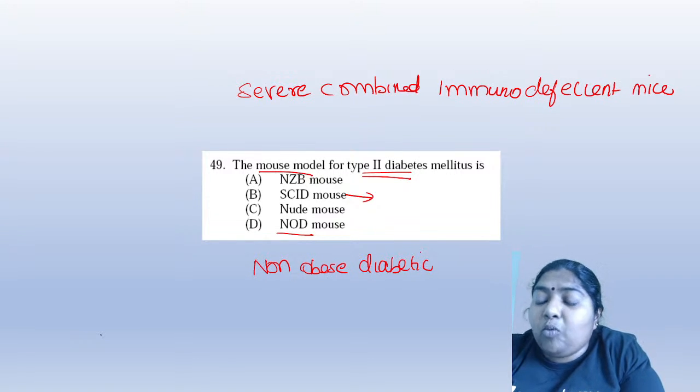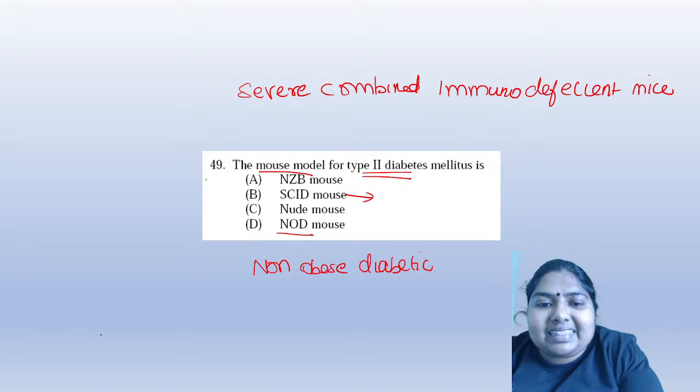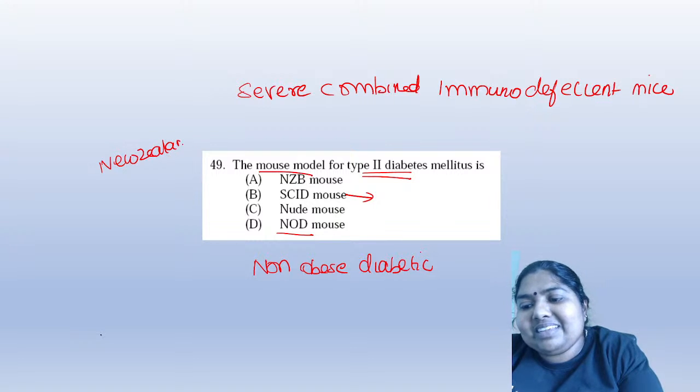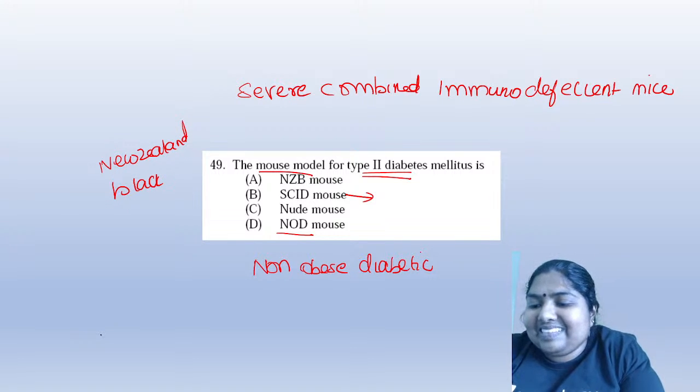Okay, and then what about this NZB mice? Come on, everybody. NZB is nothing but New Zealand, isn't it? New Zealand Black mouse. Okay, right. So NZB is nothing but the New Zealand Black mice.